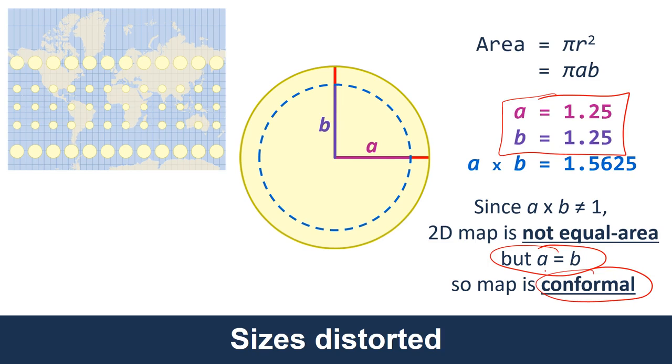That means that the shapes are being maintained. And that's what we're seeing here: A is still equal to B. They're bigger than they were before, but they're still equal, which means that they're still circles, and that indicates to us that generally speaking, the shapes that we have on our map projection will be the same as the shapes would have been on the globe. So Greenland still looks like Greenland or whatever. So that's useful to know as well.